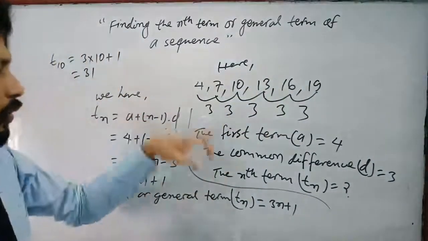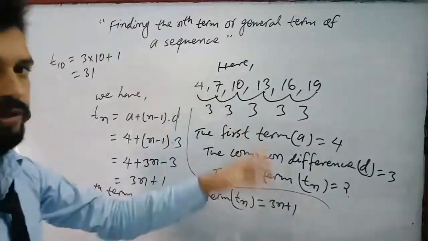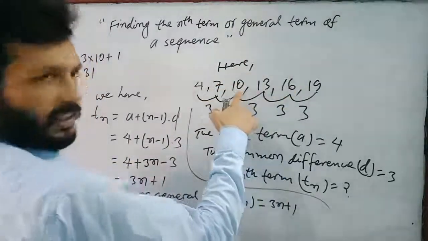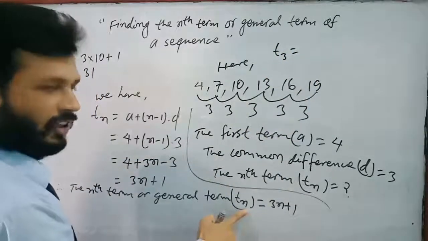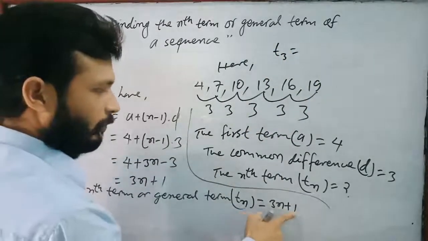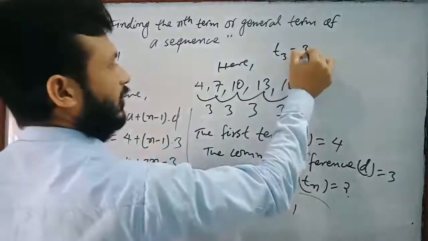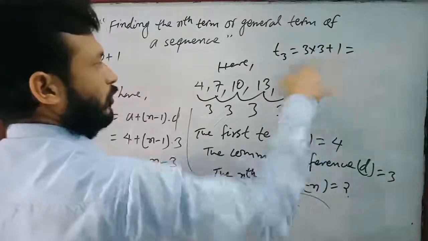Okay, we can also find first, second, third. Okay, you can test. T3, Tn, यहाँ n भएपछि 3n plus 1 छ भनेपछि T3 भएपछि 3 into 3 plus 1, 3 3s are 9 plus 1, 10.